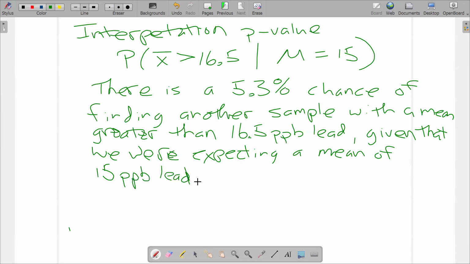So the p-value is the probability of having another sample with a more extreme value than our sample when we were expecting it to behave like the population.